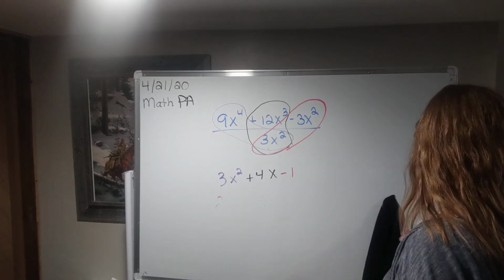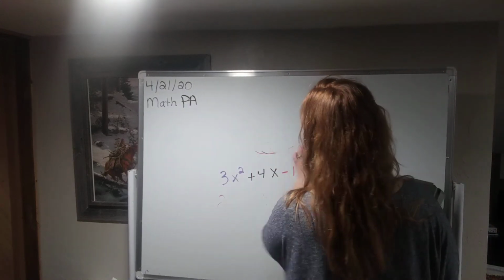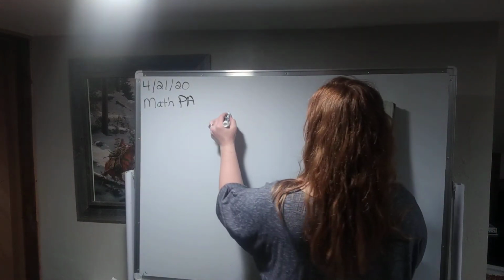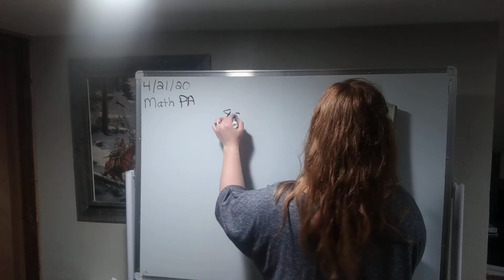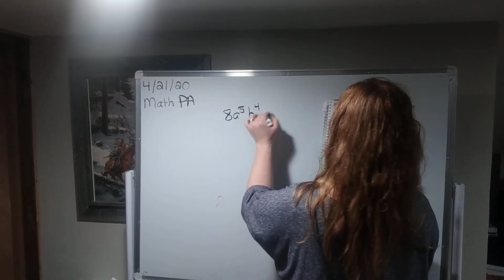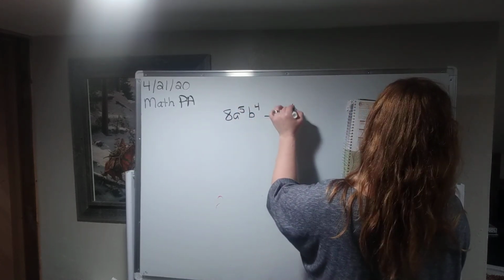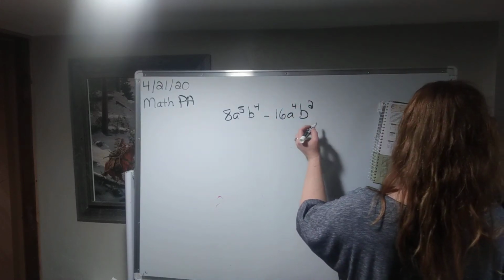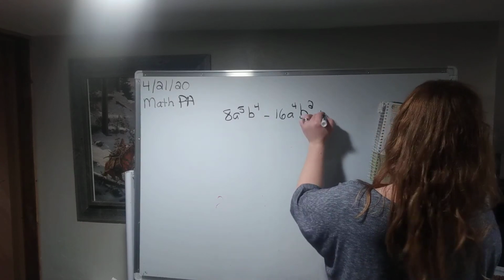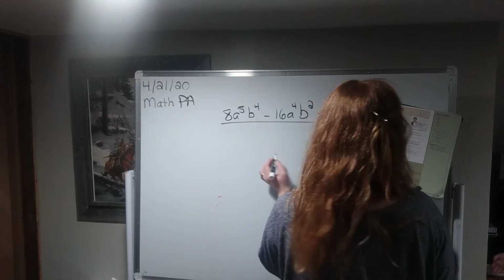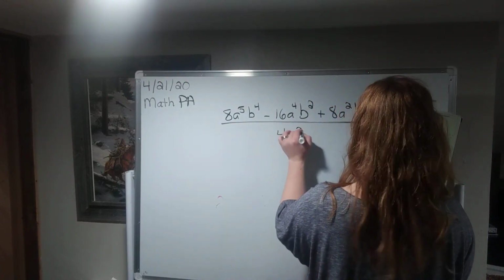Okay. Let's do example 6. It says divide 8a to the 5th b to the 4th minus 16a to the 4th b squared, and then plus 8a squared b divided by 4a squared b.